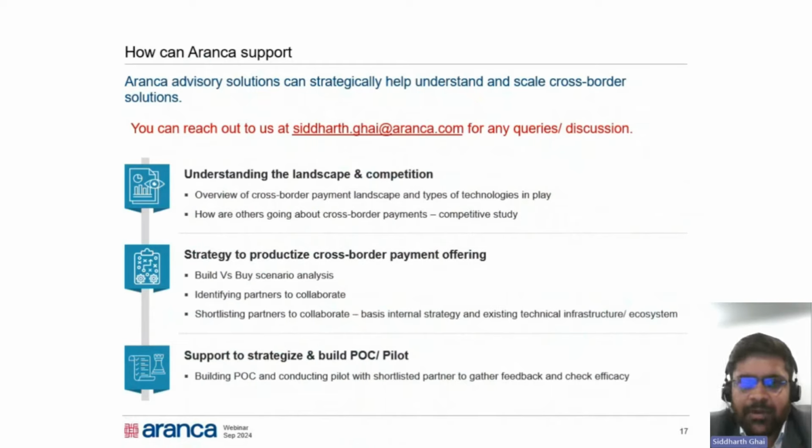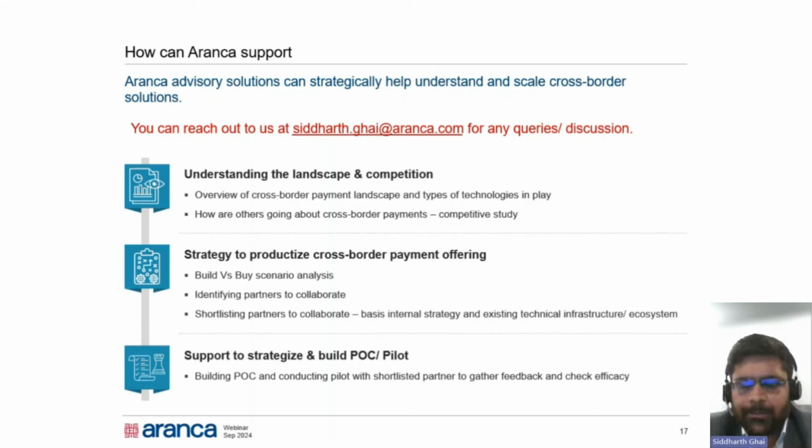I'll briefly talk about how Aranca can support in these areas of cross-border transactions. So we help you understand how the landscape is, what the competition is within the cross-border payment landscape, how you can buy versus build, and scenario analysis. We can give you analysis wherein if you want to go in that particular direction of cross-border payment, then what should you do in that area?